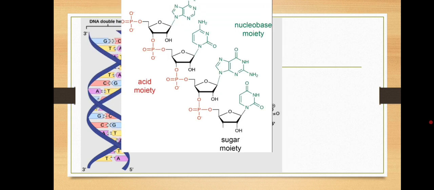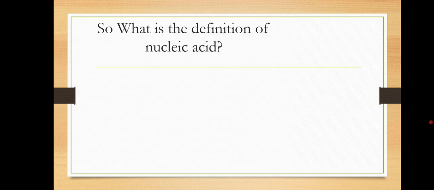So what is the definition of nucleic acid? Polymers. What do you mean by polymer? Listen carefully: a polymer is a large molecule made by joining small repeating units.